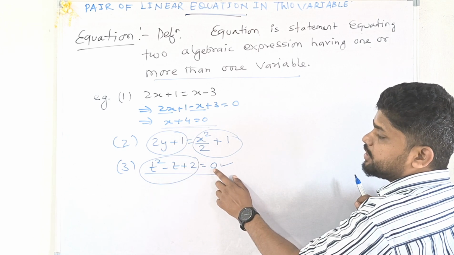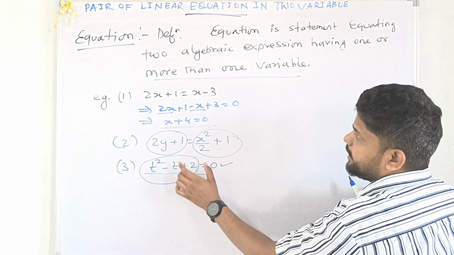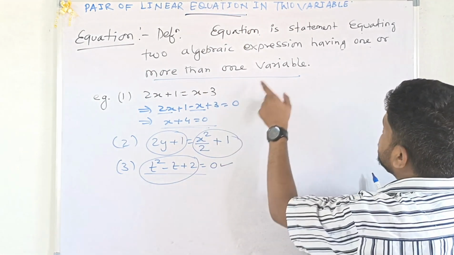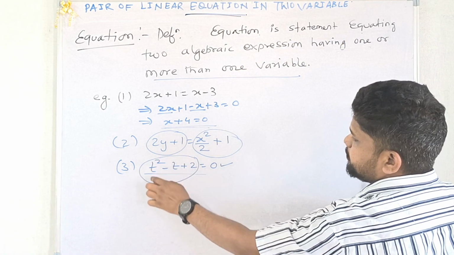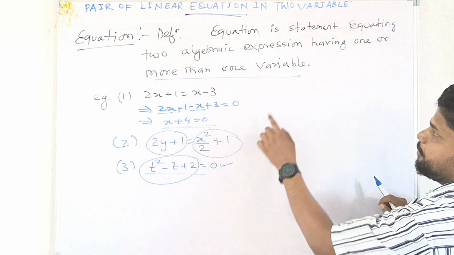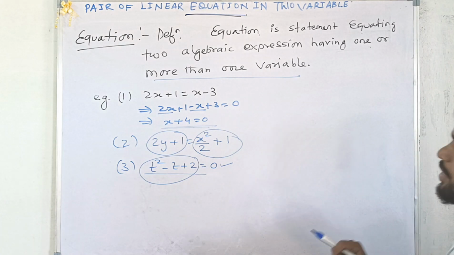Here 0 is the zero polynomial, so obviously 0 is an algebraic expression. So again, as per the definition, this is one algebraic expression and this is another, and they are equated to each other, and the variable is one here. So this is also an example of an equation.